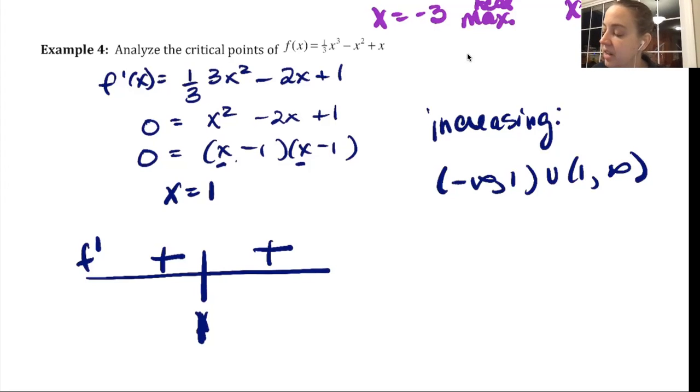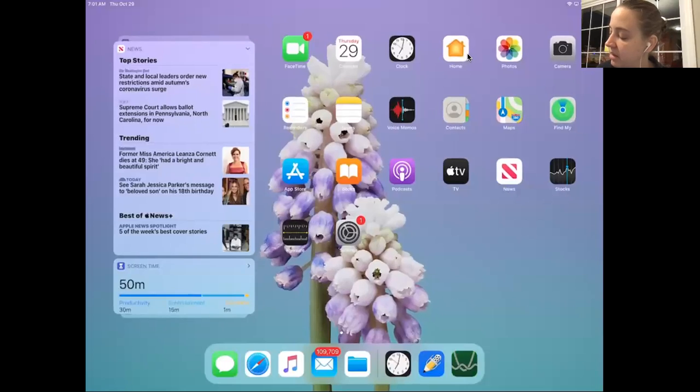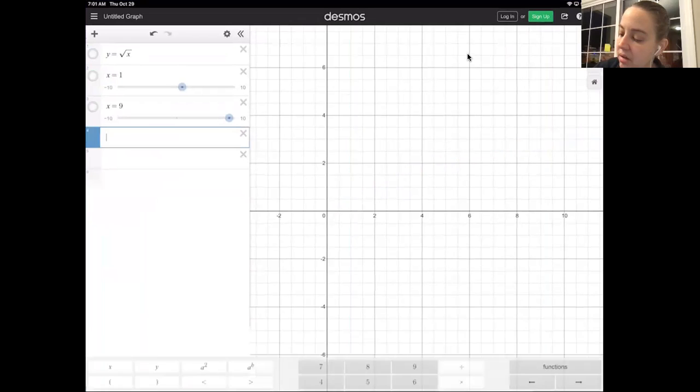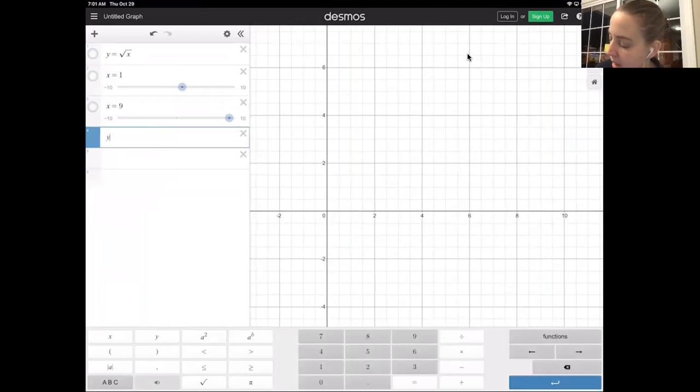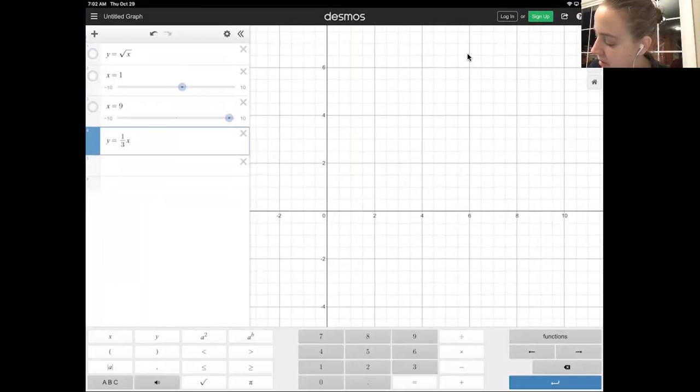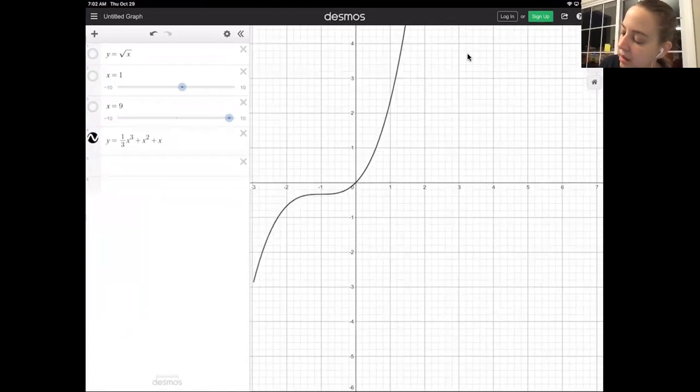1/3 x cubed minus x squared plus x. Let's get rid of these. Y equals 1/3 x cubed minus x squared plus x. Okay. You can kind of see it here.